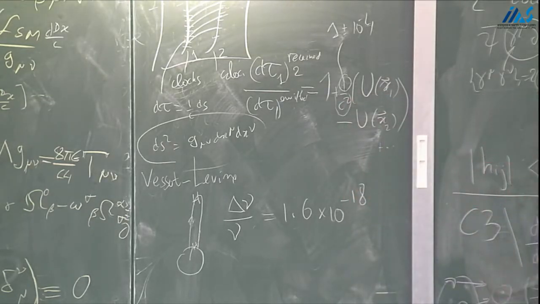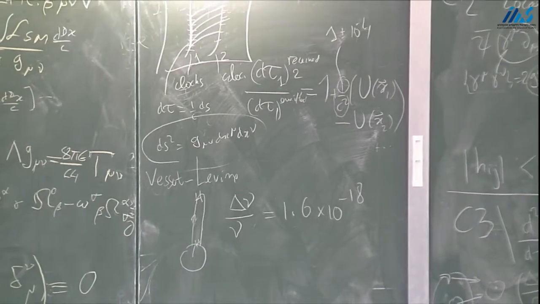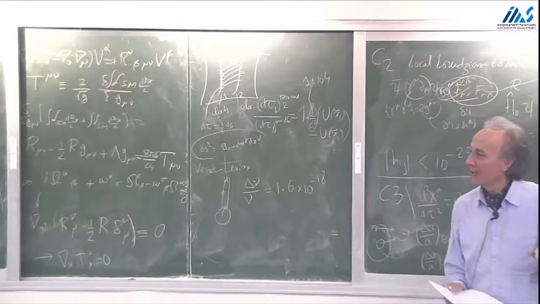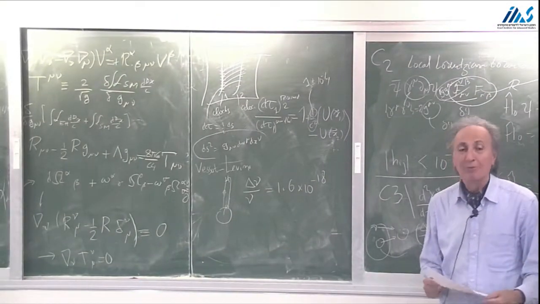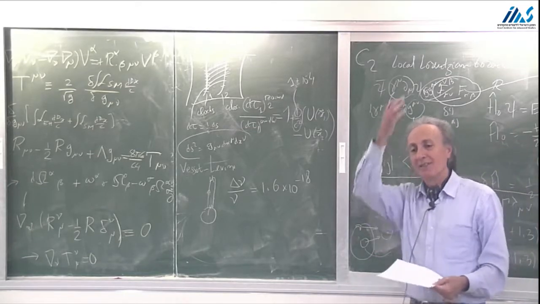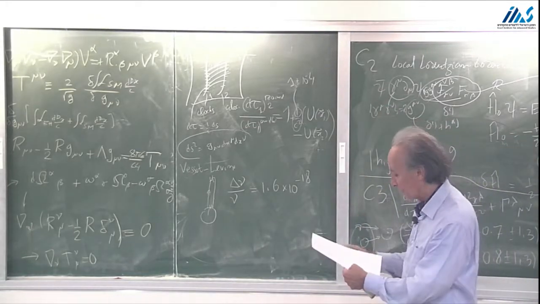A stability of 10 to the minus 18 means that if you take this atomic clock and raise it by 1.6 centimeters, you see the redshift. So this becomes really impressive. You can see the Einstein redshift over 1.6 centimeters to 50% accuracy, and if you do it on higher scales, you will get a better test.